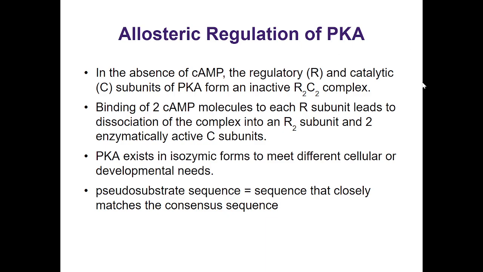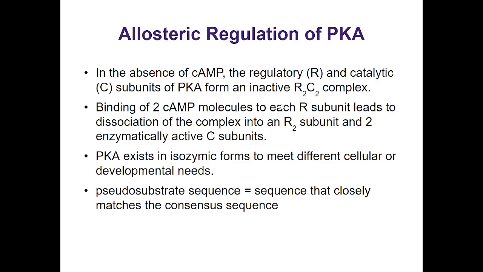Okay, so the allosteric regulation of the PKA: in the absence of cAMP, the regulatory R and catalytic C subunits of the PKA are going to form an inactive R2C2 complex. This is the inactive version of the PKA.